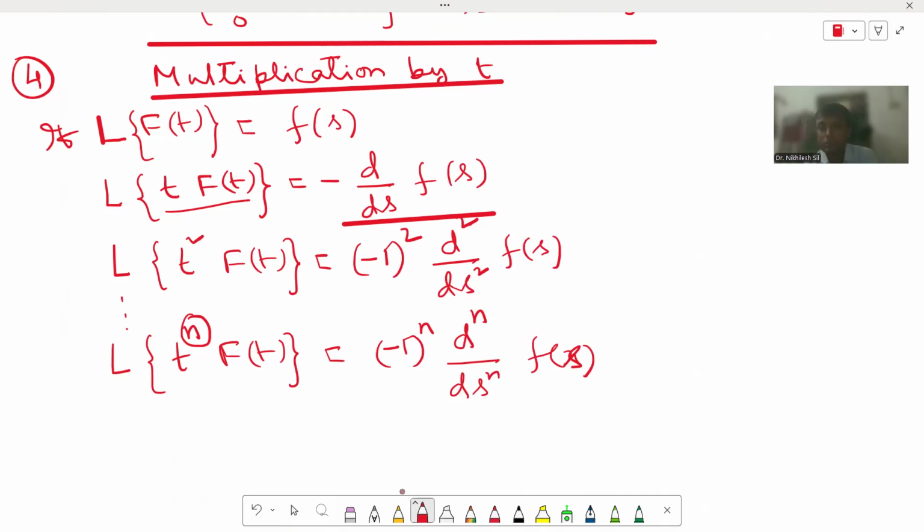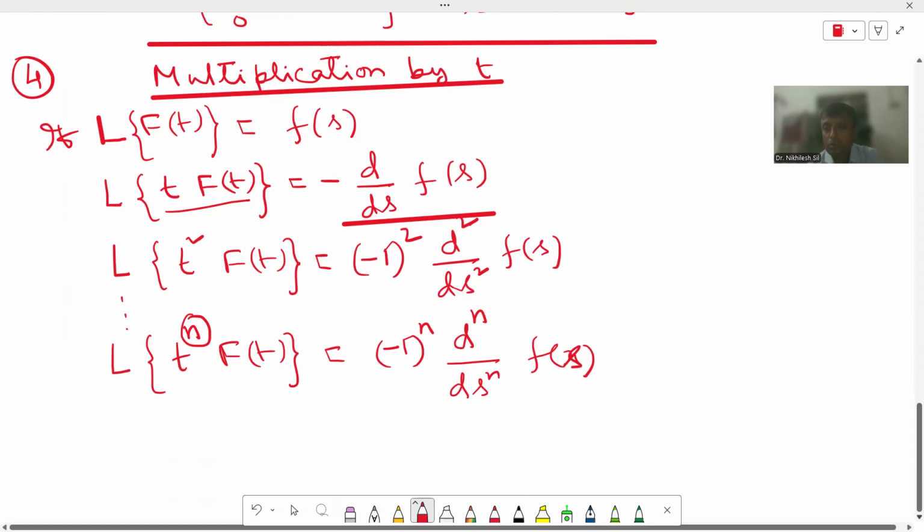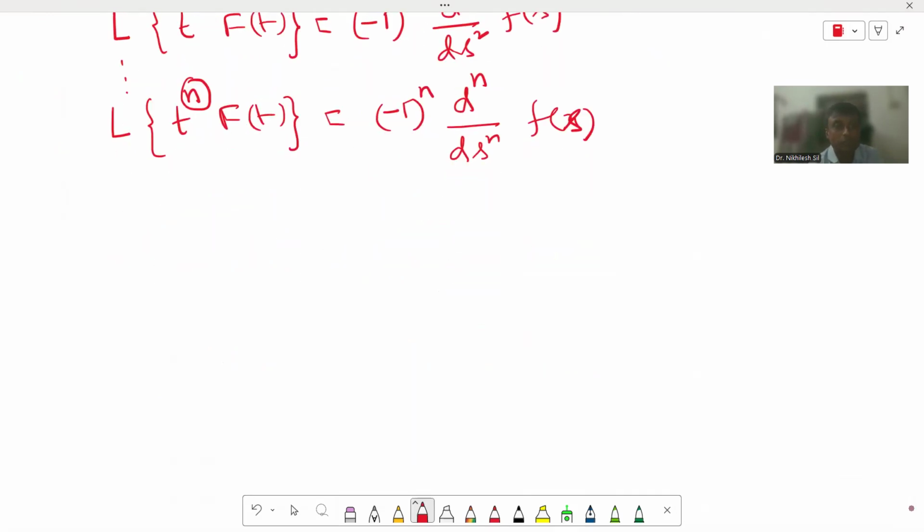So let's come to some example, very easy example. What is Laplace of sine omega t? This is equal to omega divided by s square plus omega square.